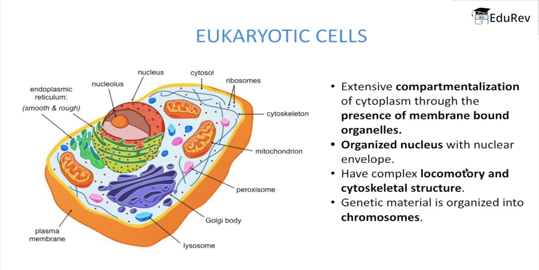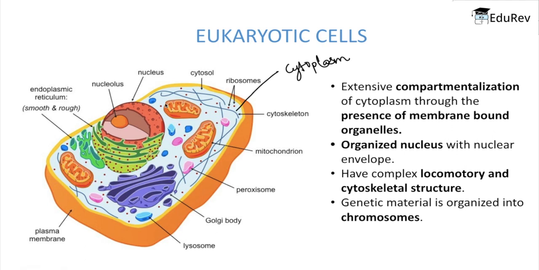These eukaryotic cells have extensive compartmentalization. As you can see here, it is because of the presence of membrane-bound organelles inside the cytoplasm. The blue colored fluid you see inside the eukaryotic cell is the cytoplasm, but it is highly compartmentalized because of the presence of various membrane-bound cell organelles.